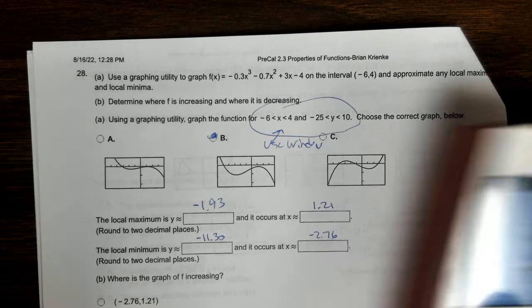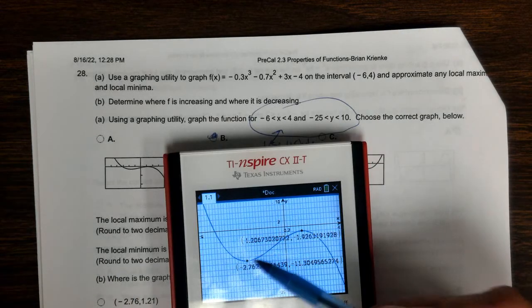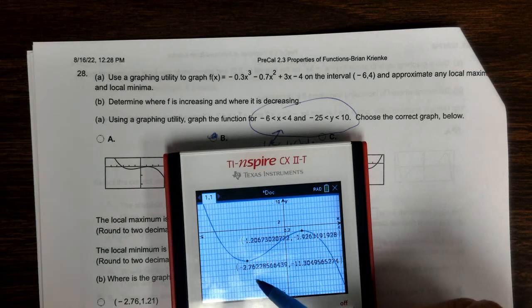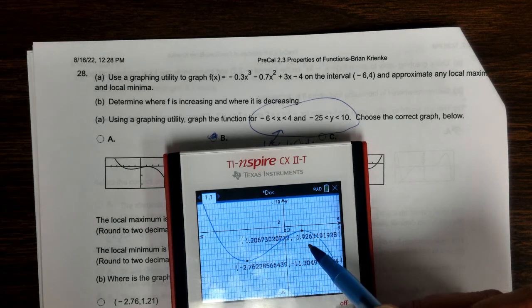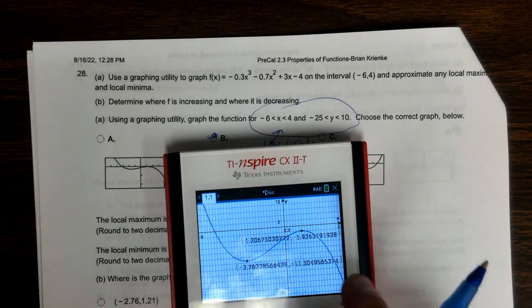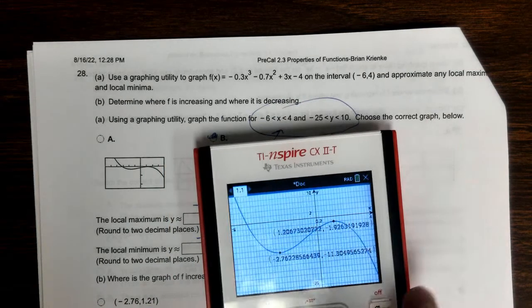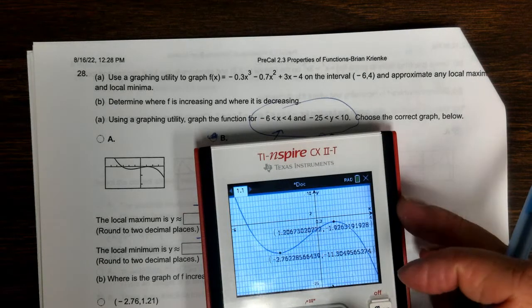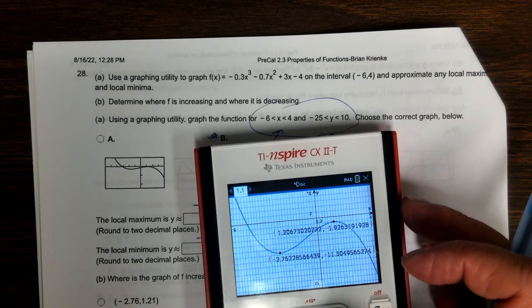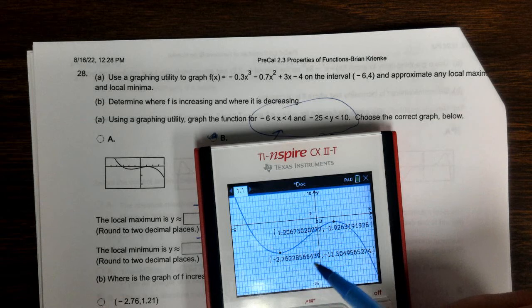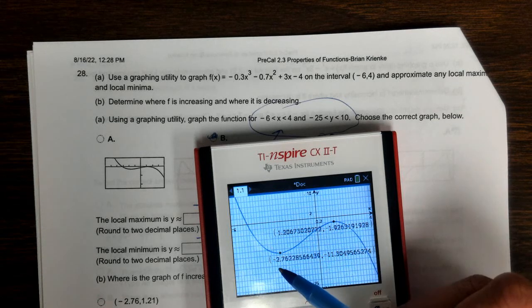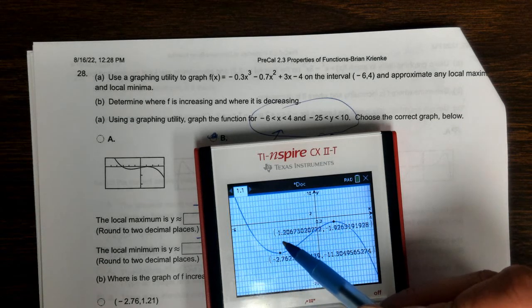And then it's increasing between here and here. Oh, sorry, from x value to x value. So from -2.76 to 1.21.